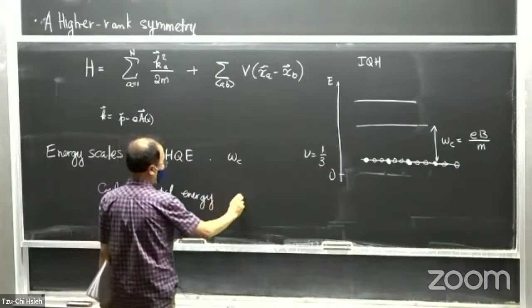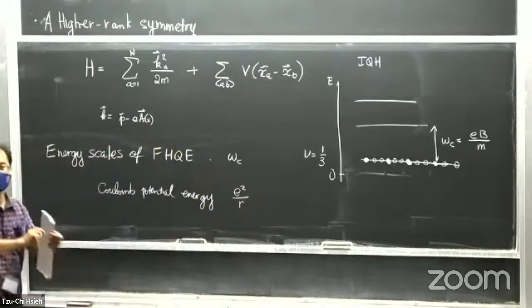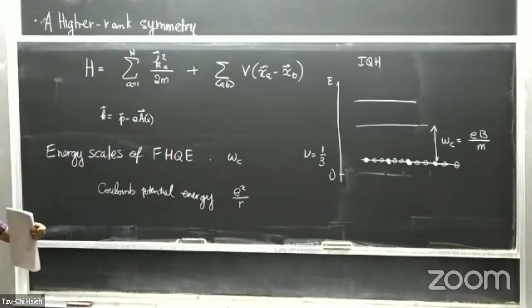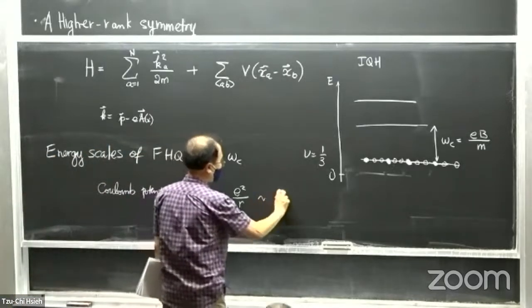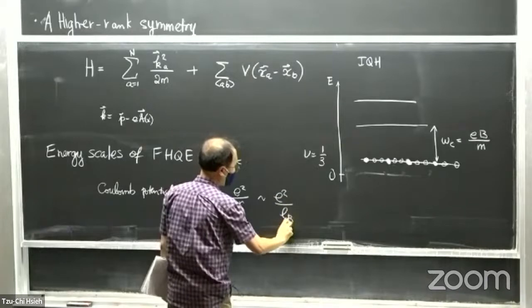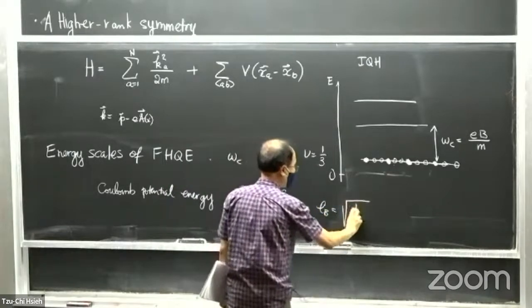It's e squared divided by the typical distance between two particles. In the case of the fractional quantum Hall effect, this is roughly e squared over l_B, where l_B is the magnetic length that we defined in the previous lecture.